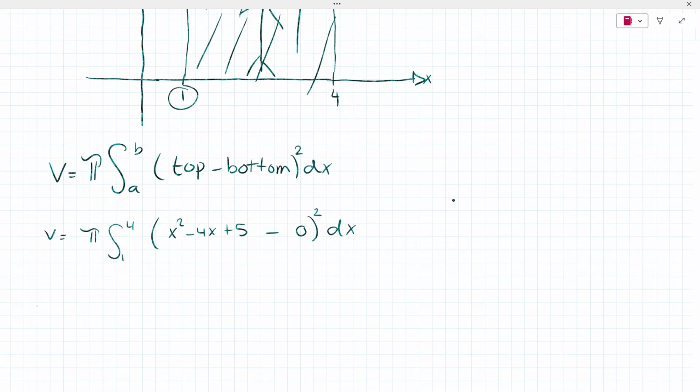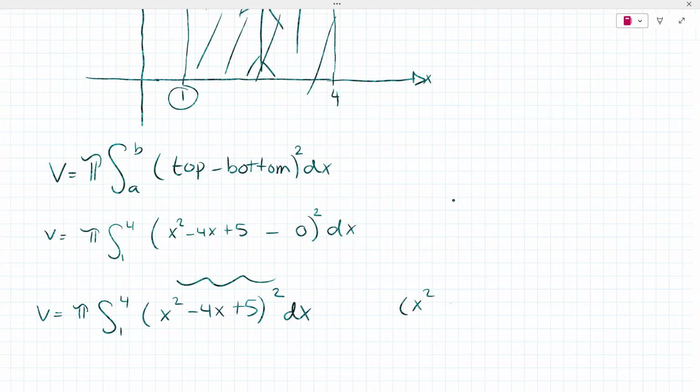So it really is volume equals pi, integral from 1 to 4, of (x squared minus 4x plus 5) squared dx. Before we integrate, I don't think we can use substitution. I think what we have to do is FOIL this out and clean it up, and collect like terms.